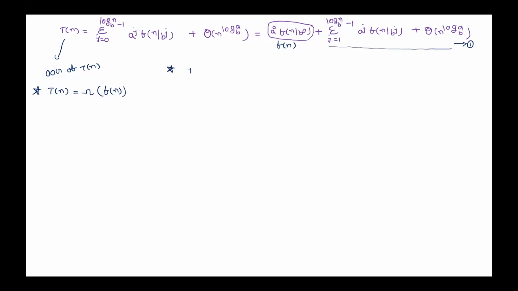Can we say that T of n is big omega of n power log a base b? That means the order of growth here is n power log a base b. Is this point clear? Why have I written T of n is big omega of f of n?